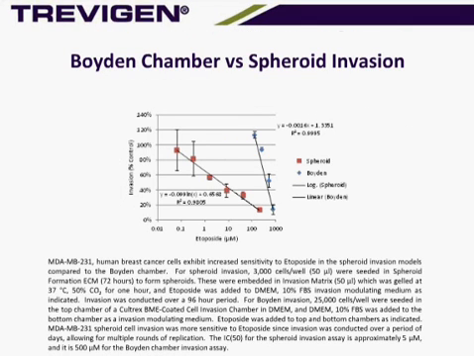Next, we see a Boyden chamber versus a spheroid invasion. The Boyden chamber is in the blue, and the spheroid invasion is in the red.